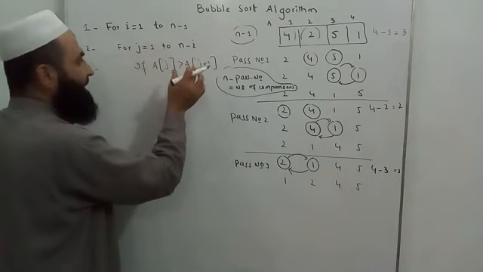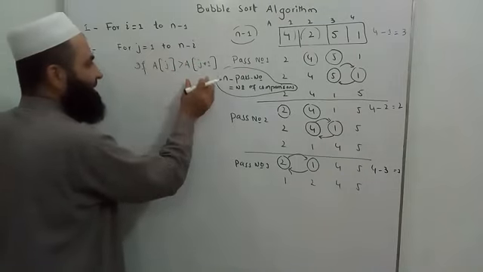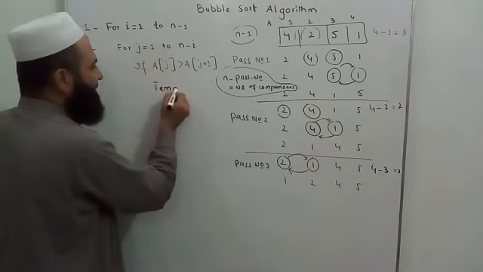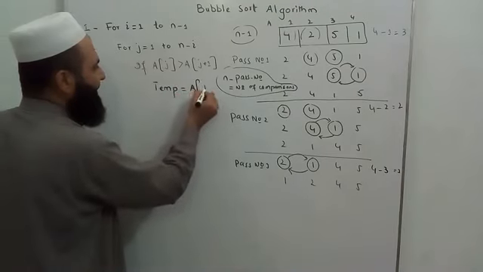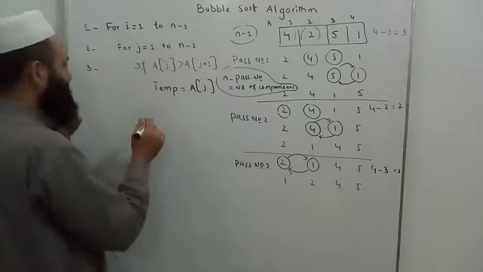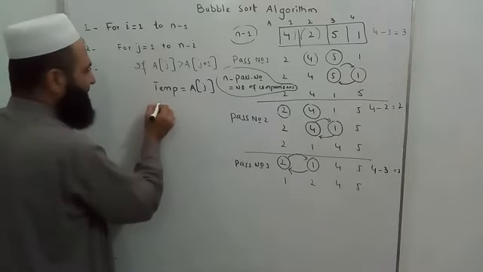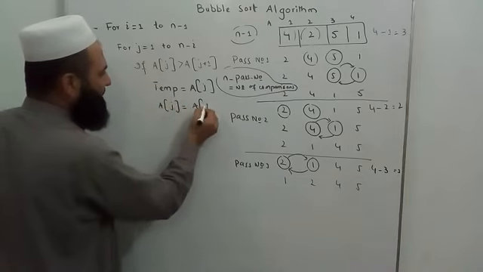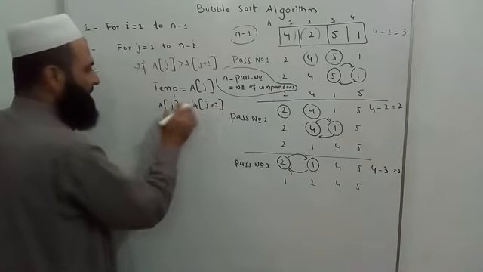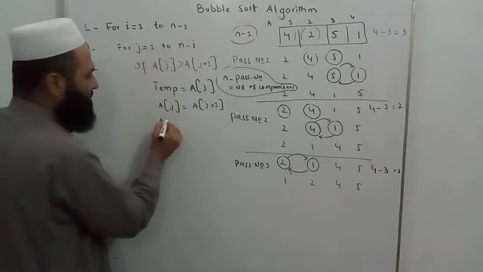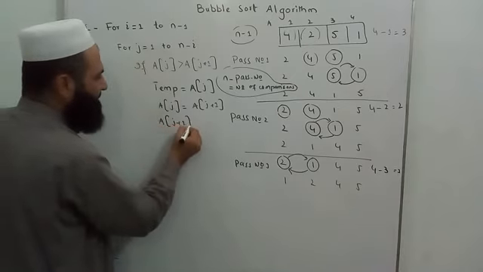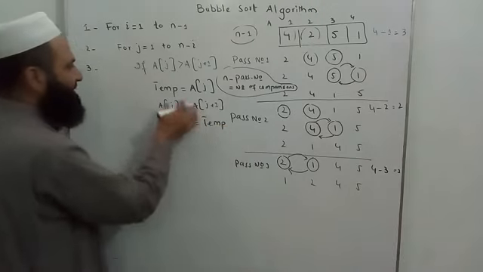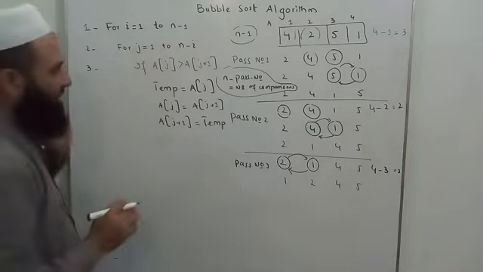If the first number is greater than the second number, we will assign a of j to a temporary variable. Now a of j is available, so a of j plus 1 is assigned to a of j, and now to a of j plus 1 we assign the value stored in the temporary variable, that is the value of a of j.